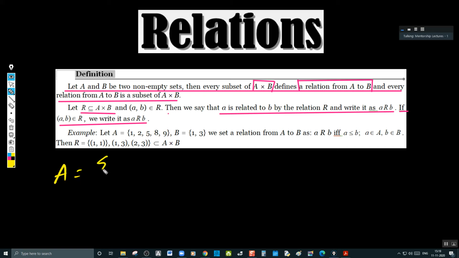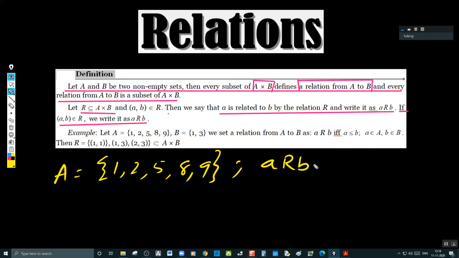So A is equal to {1, 2, 3}, and B is {1, 2, 5, 8, 9}. And a relation from A to B is defined as aRb if and only if a is less than or equal to b, where a belongs to capital A and b belongs to capital B. Follow this carefully, very simple.